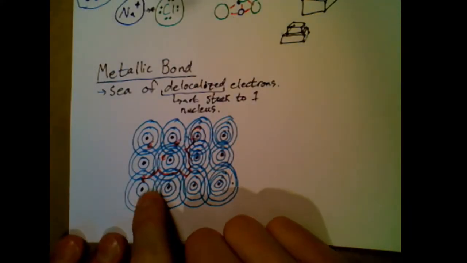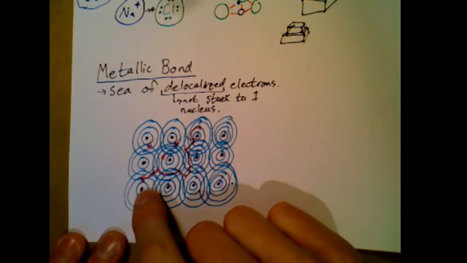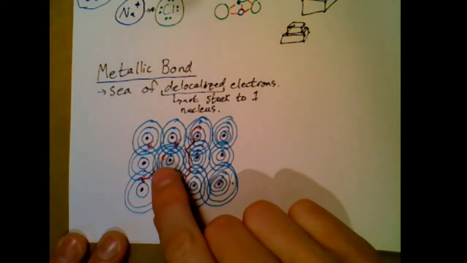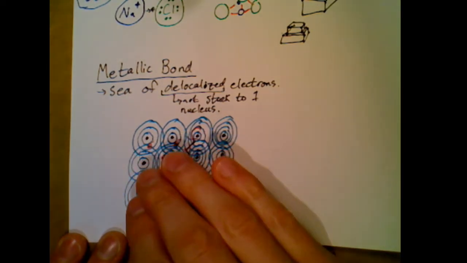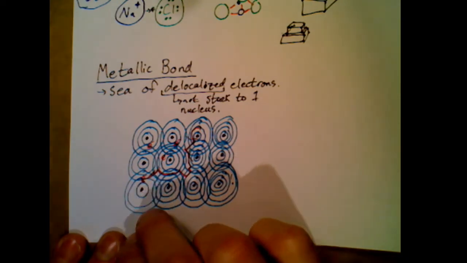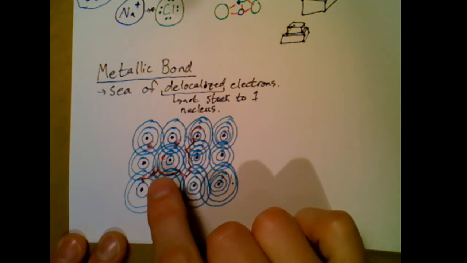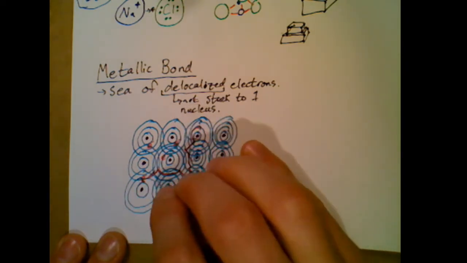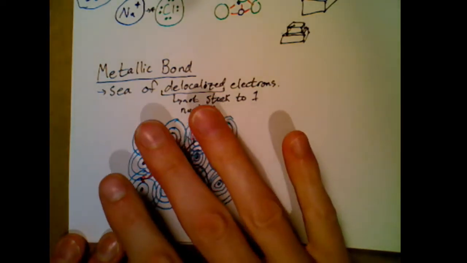Metals also conduct heat really well. So let's think about what heat actually is inside of a substance. So heat in a substance is when one thing starts shaking. And when that thing starts shaking, it starts vibrating the things around it. So metals conduct heat because there's so much overlap that as soon as one of the nuclei starts shaking, its orbitals start shaking, which shakes the orbitals of the other substances, which shakes the nuclei of the other substances.